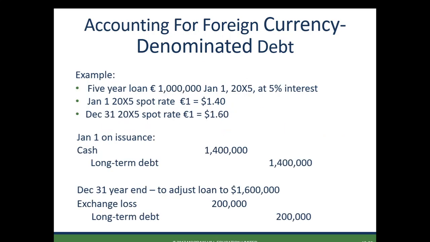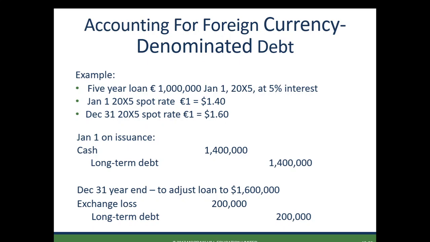Looking at an example of this, we have a 5-year loan of 1 million euros that was issued on January 1st at 5%. So it's recorded at the time of issuance based on the January 1st current exchange rate, in this case $1.40 Canadian for every 1 euro. So we see that increase to our cash and that increase to our long-term debt liability, again recorded in Canadian currency.